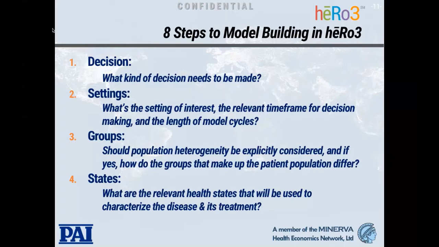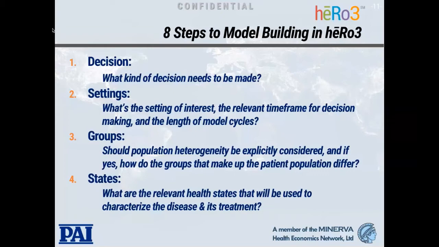So the next step is settings. And on the settings page, we define relevant information like the time frame of the model, the cycle length, the country it's being run for, as well as the method that's used to handle half-cycle correction.